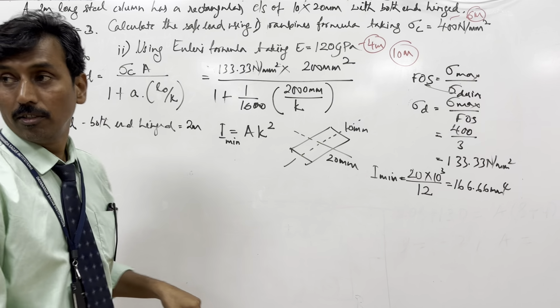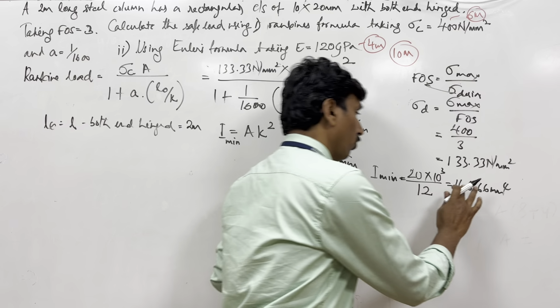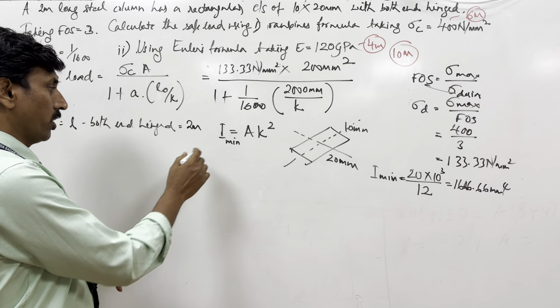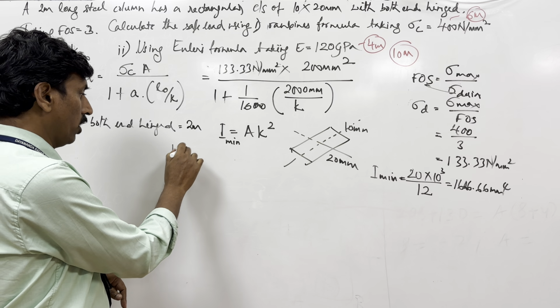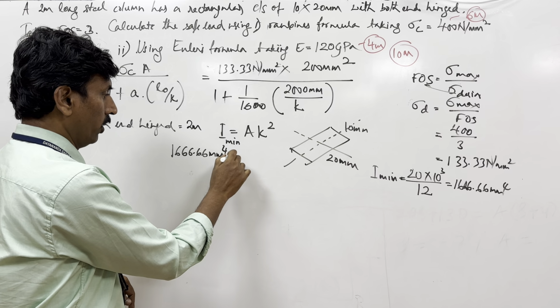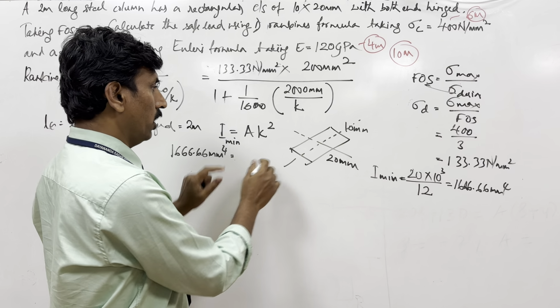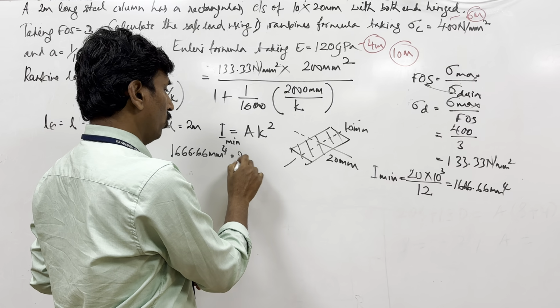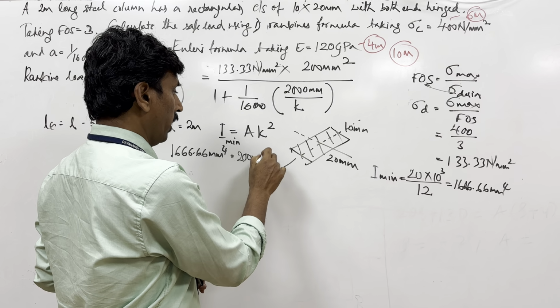1,666.66. So let us find out. So 1,666.66 millimeter to the power of 4 divided by area. Area, you know that this area is 200 mm square.